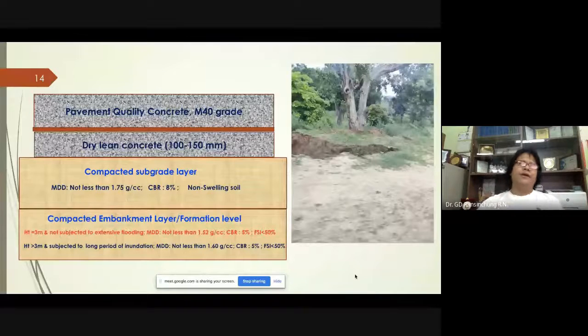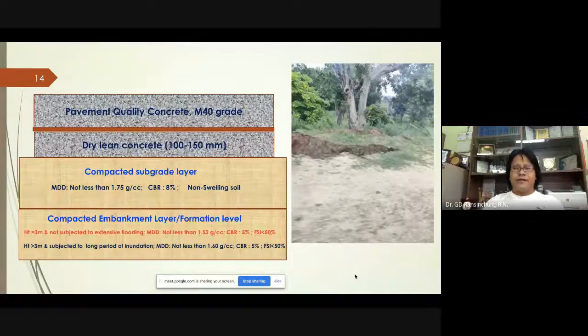To do that, we measure the properties of soil in terms of CBR, the California Bearing Ratio, the soil supporting value, in the soaked condition. Why the soaked condition? Because we are assessing the properties of soil in the worst condition, when it is saturated.